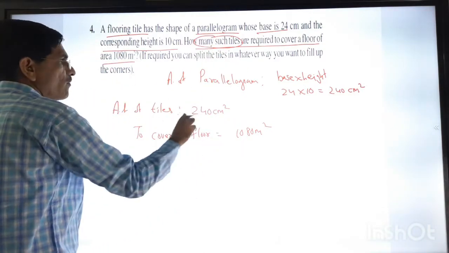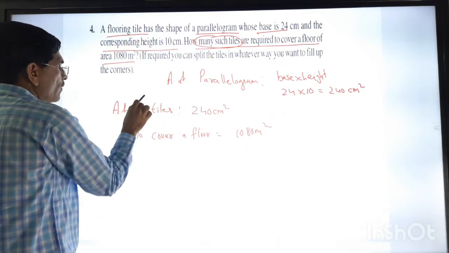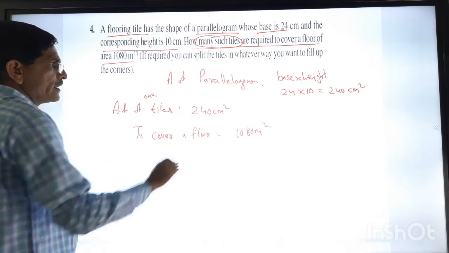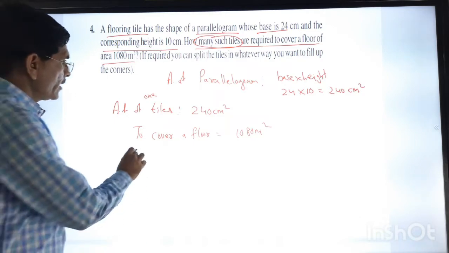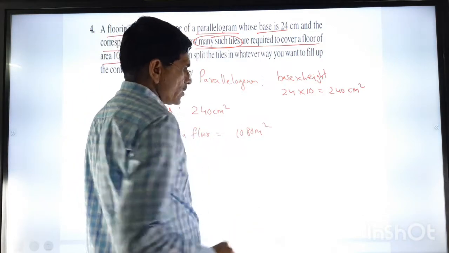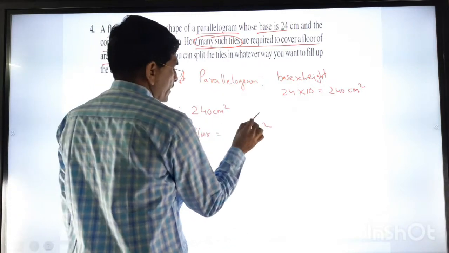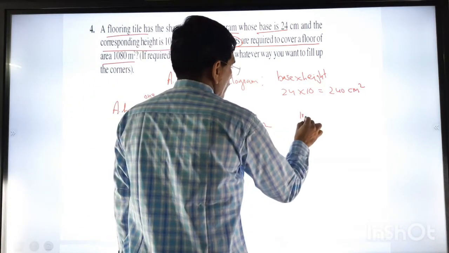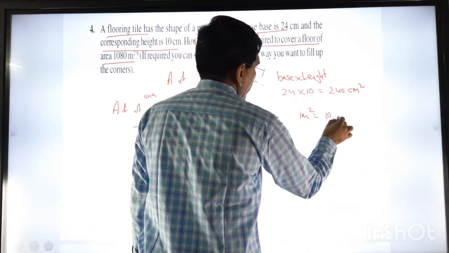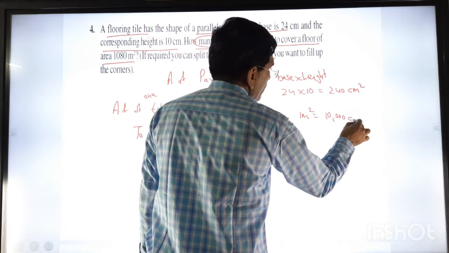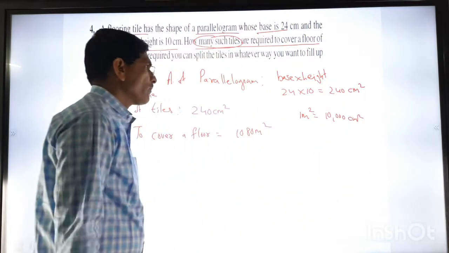So the area of one tile is 240 centimeter square, and the floor area is 1080 meter square. Here it is centimeter square, here it is meter square. We know that 1 meter square is equal to 10,000 centimeter square.